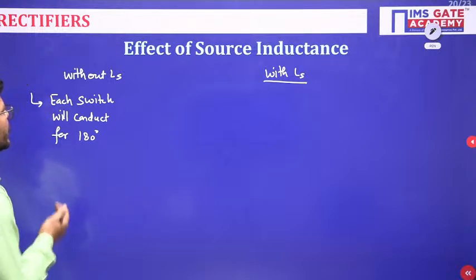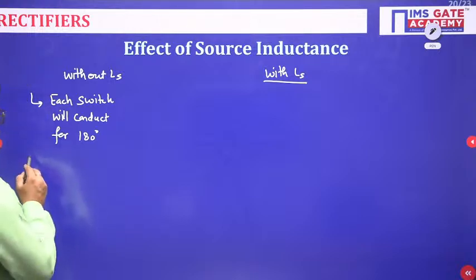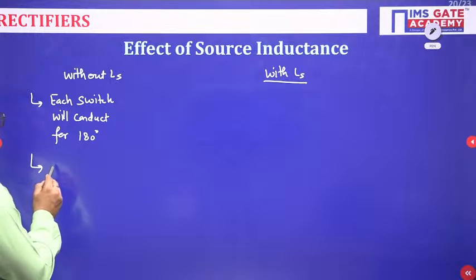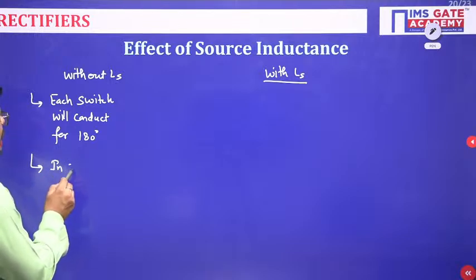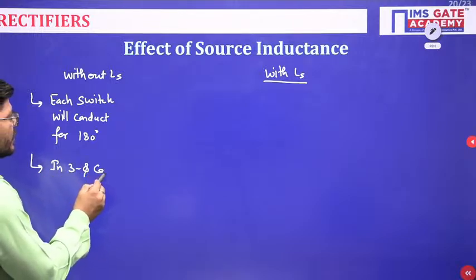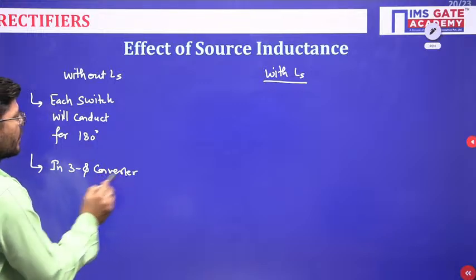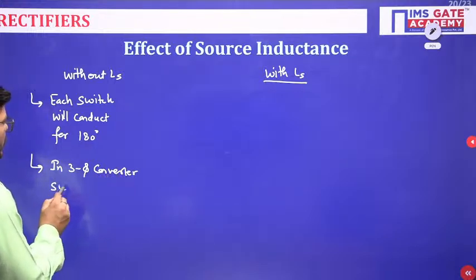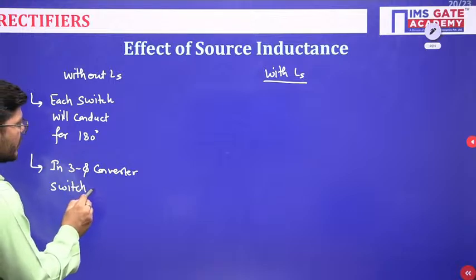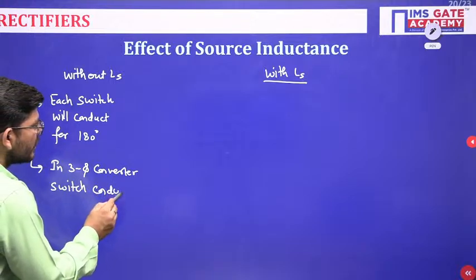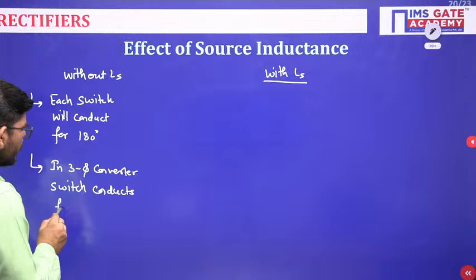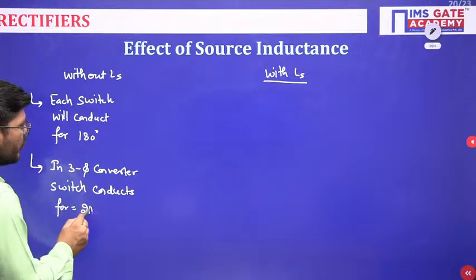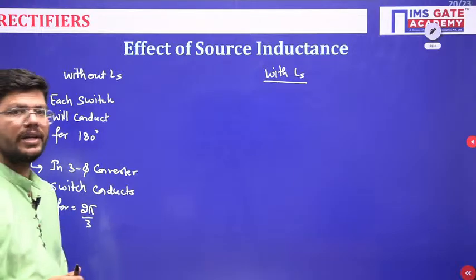In a general case, in 3-phase converters, a switch conducts for 2 pi by 3, 120 degree, isn't it?